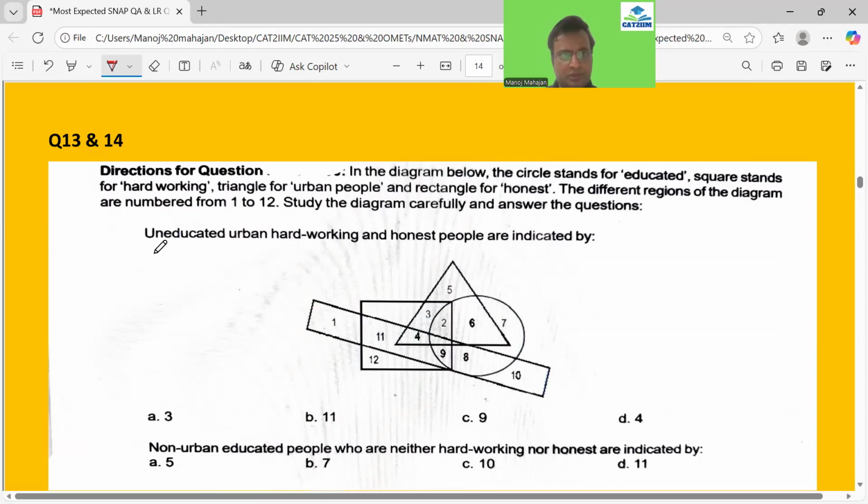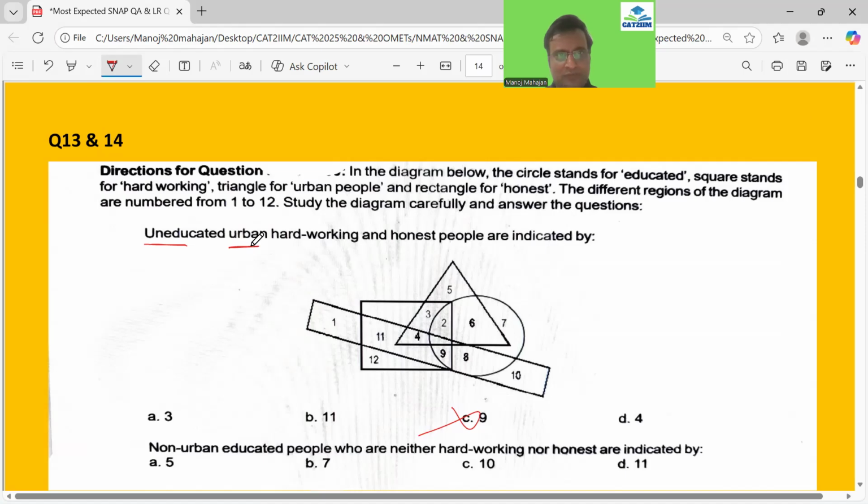So over here in the first question, the 13th, uneducated, right? What is educated? Circle. So you have to go outside the circle. So whatever numbers you have, like 9, 2, 6, 7, 8, if you have them in the choices, we could straight away rule them out. Now you have to go to urban, hardworking. What is urban?